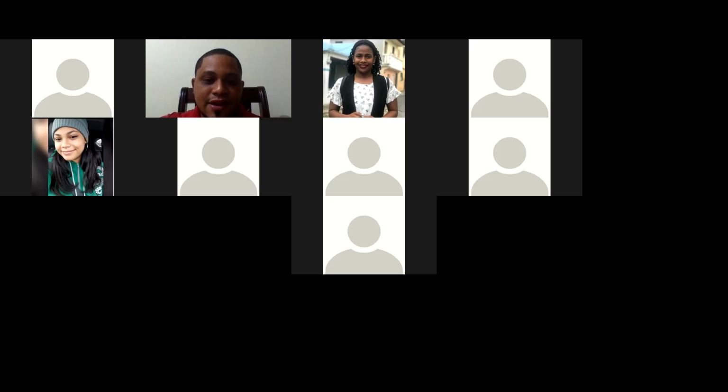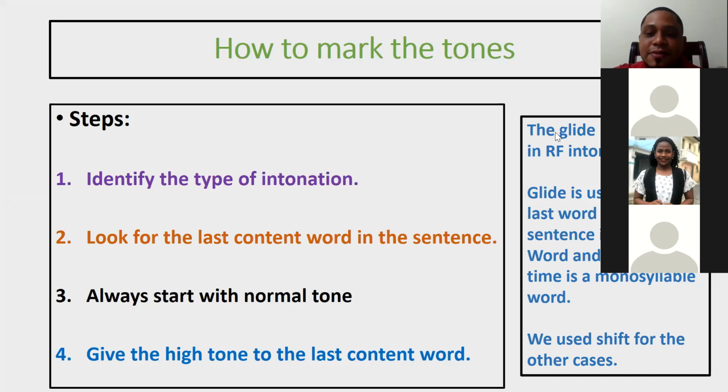That's it. Here, just to come back, right? And as a refresh, look at this. You need to know that the glide is only used in rising falling, okay? Glide is only used in rising falling. You don't use glide in the rising intonation sentences when you are marking.